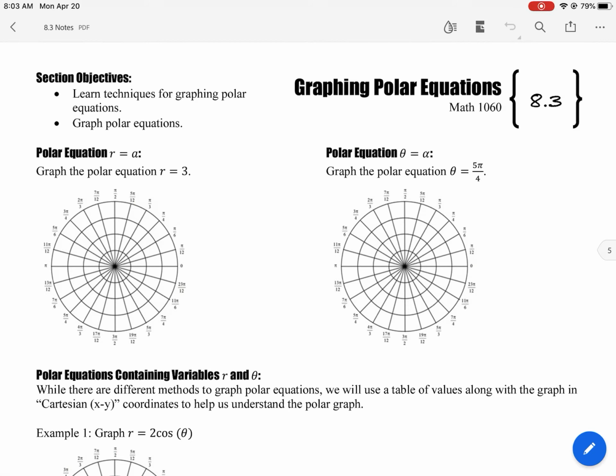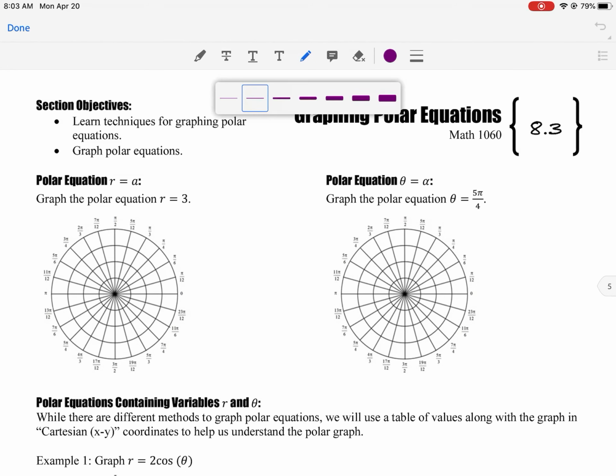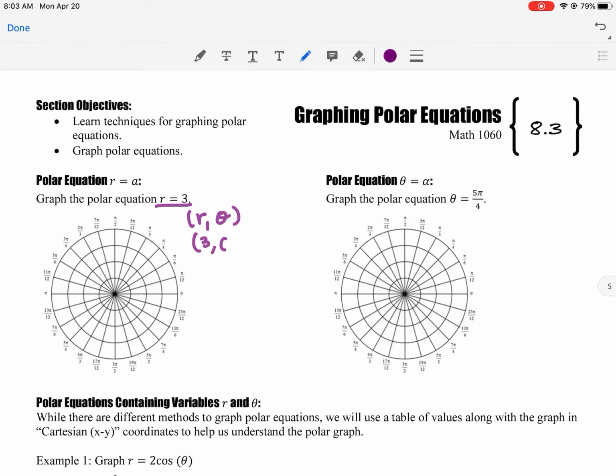If you've got a polar equation where, as in this first example, r just equals some number, so you've got just some radius, r equals 3, it doesn't matter what theta it takes on. All of our points are (r, theta), so all of these points will be (3, theta).